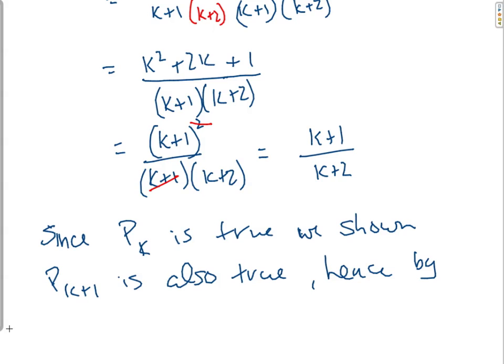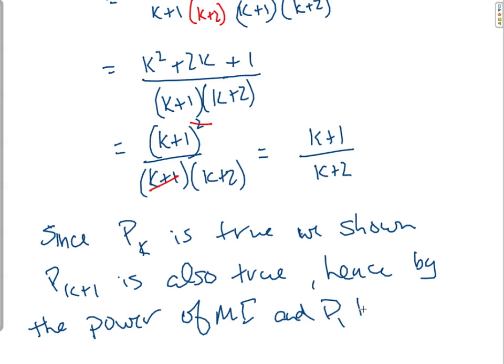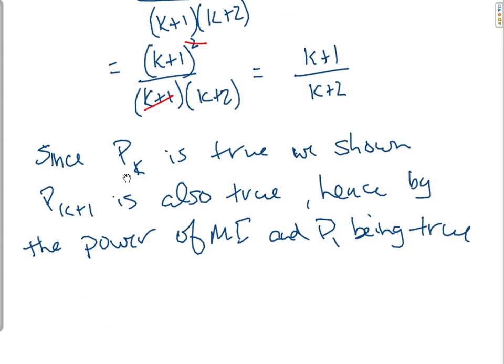Hence, by the power of mathematical induction, and P1 being true, P sub n is true for all positive integers, true for all n belonging to Z positive.